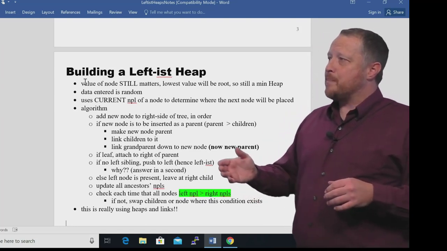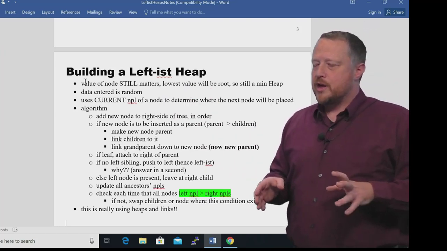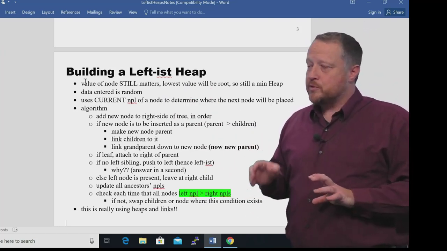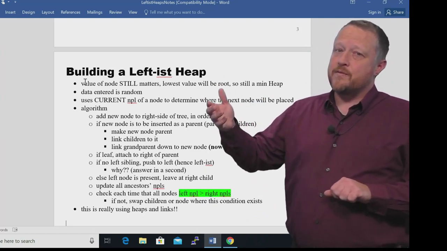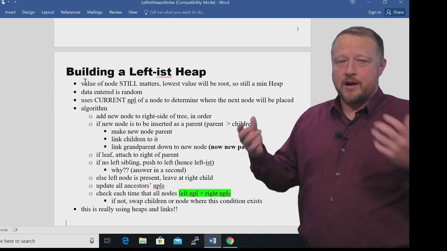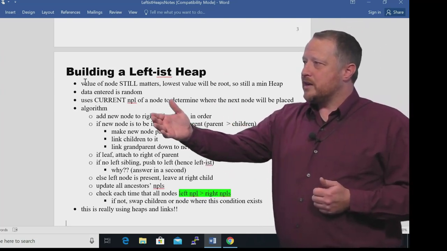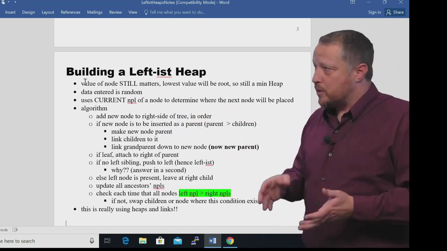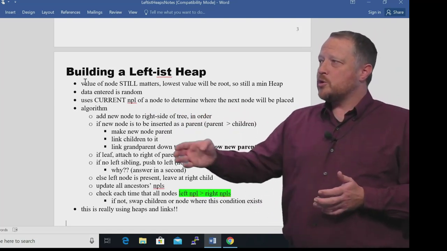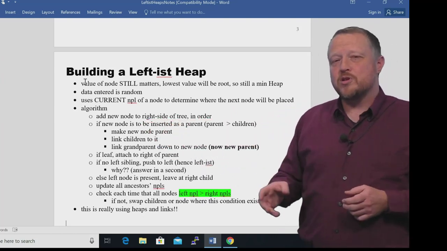Now what's going to happen is the value of the node very much matters. Again, we're using a minimum heap, so that minimum value needs to be at the very top of the tree when everything is said and done. But the weird part is that for the current node where it's going to be placed, we check with the NPLs, but we also add the new node to the right side of the tree.